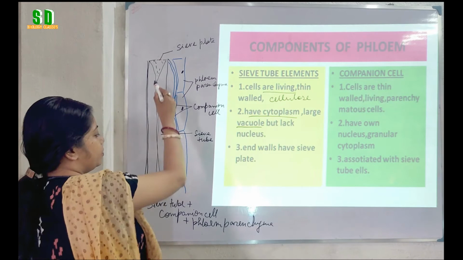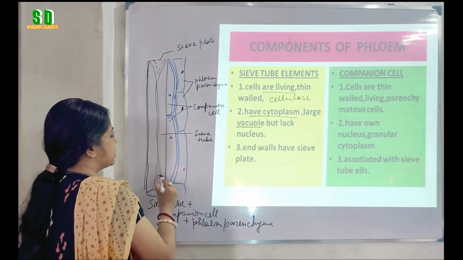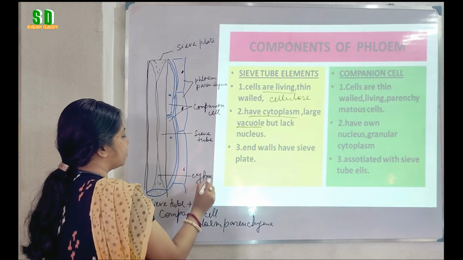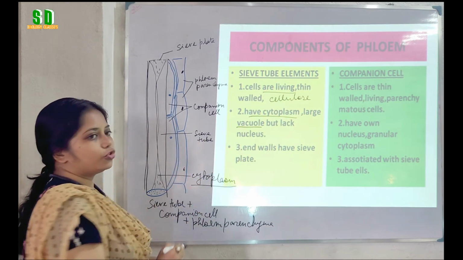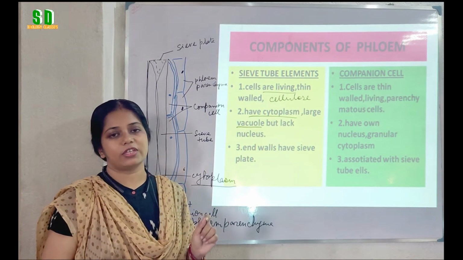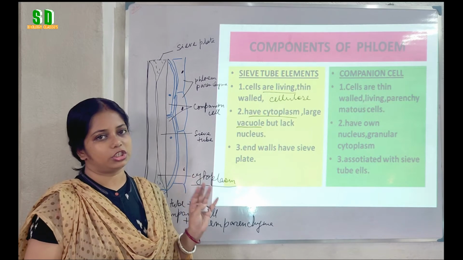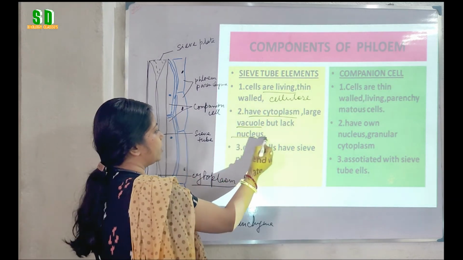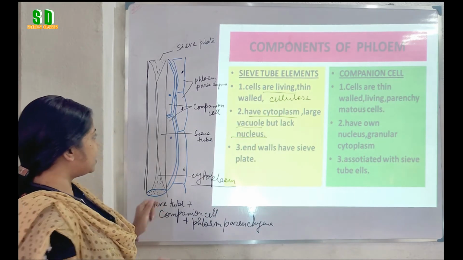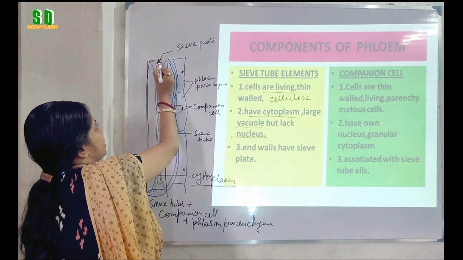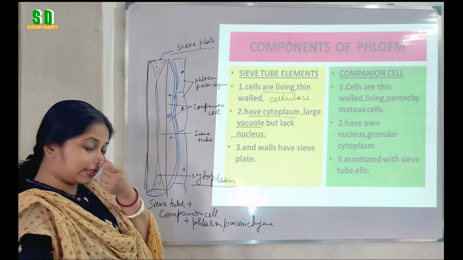But here we have the diagram also. You can see the cytoplasm here, but you cannot see any nucleus. So the sieve tube is a living cell, and the cytoplasm is present, but it lacks the nucleus. Remember that though it is a living cell, it lacks a nucleus. And these are the end walls. End walls have the sieve plate. What is this sieve plate?